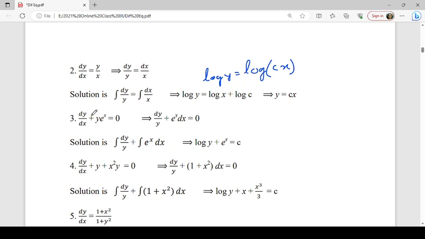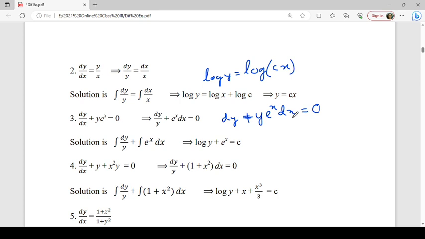Next one is dy/dx is equal to y into e to the power x. Now with dy, we write this 1 by y. If we simplify this, number 3, what do you get? dy plus y e to the power x into dx is equal to 0.